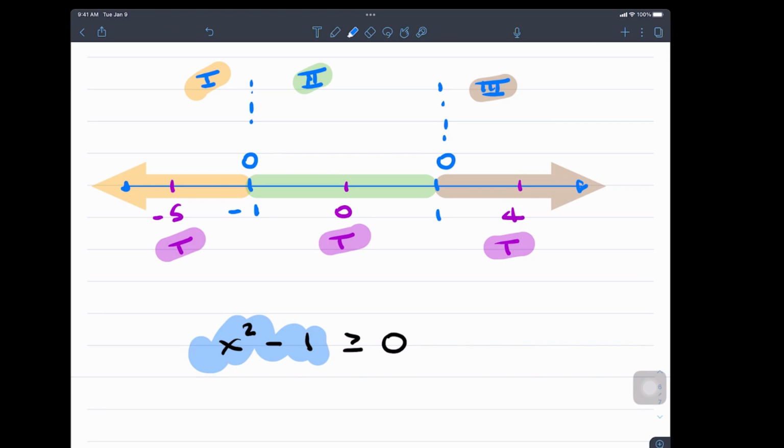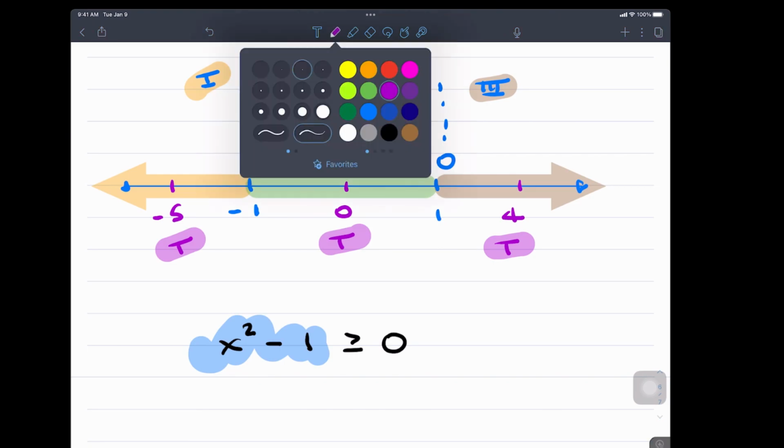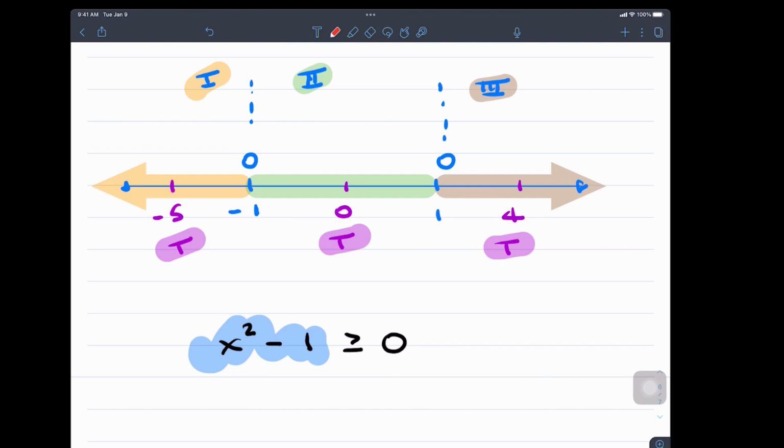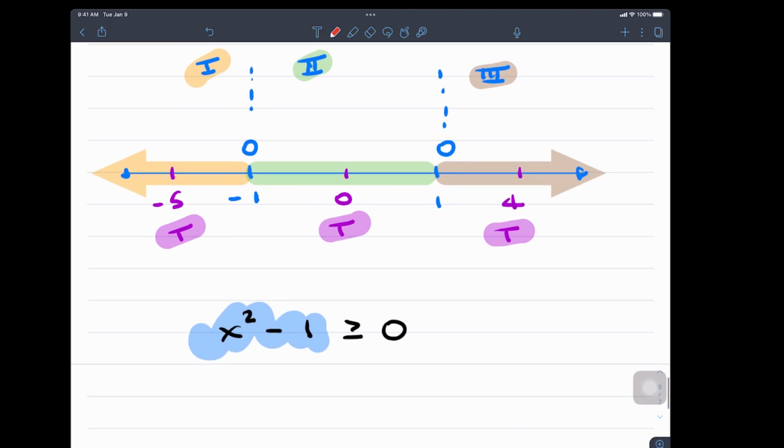So they want to know which regions are positive or equal to 0, right? There are no regions equal to 0. There are points where it equals 0. But they want to know which regions are greater, positive. What do I use? Sign analysis. What do I do? Well, I test each region with a test point.